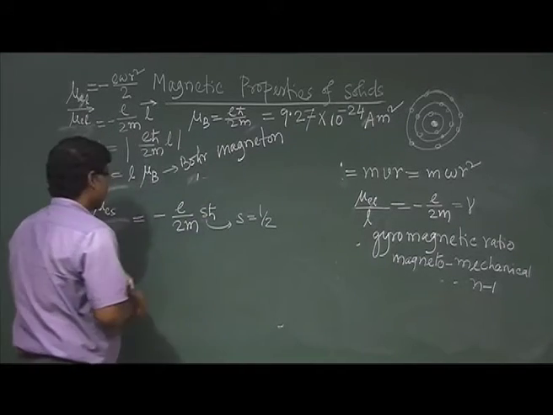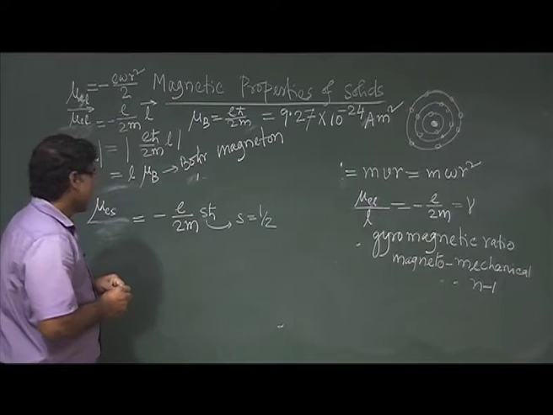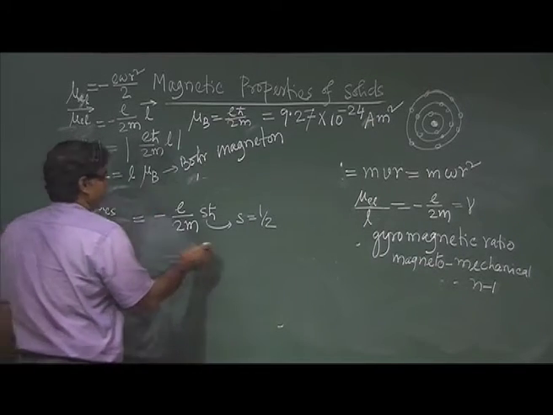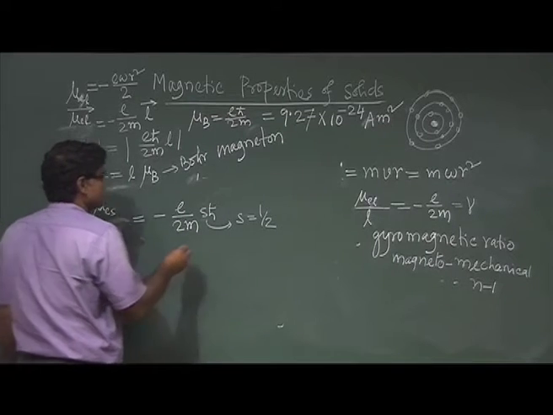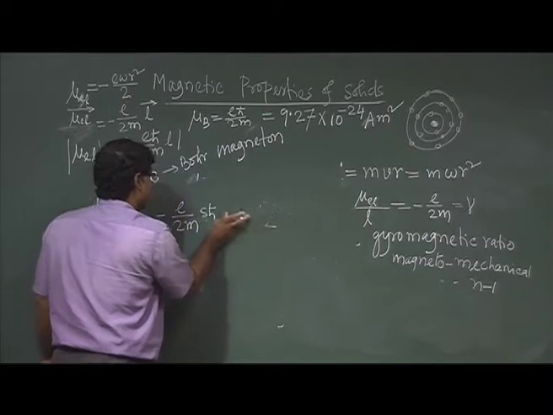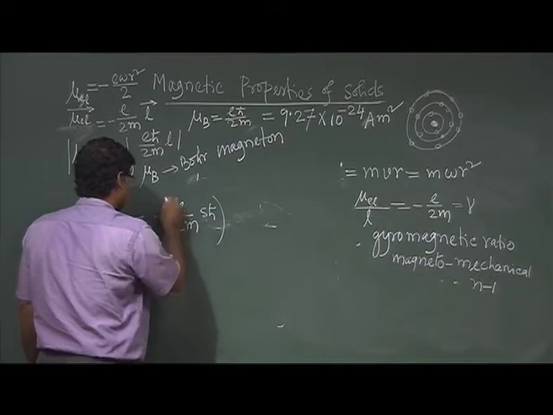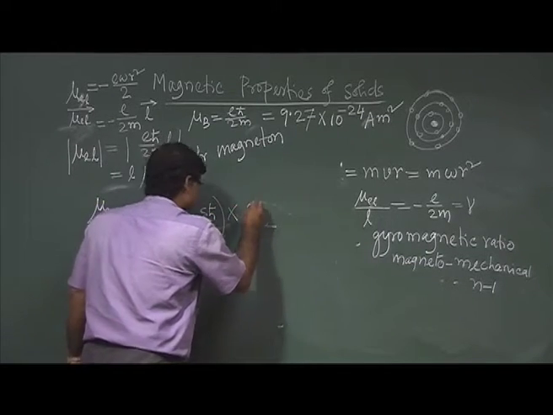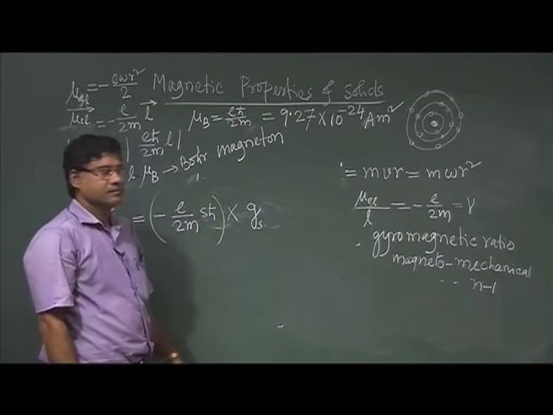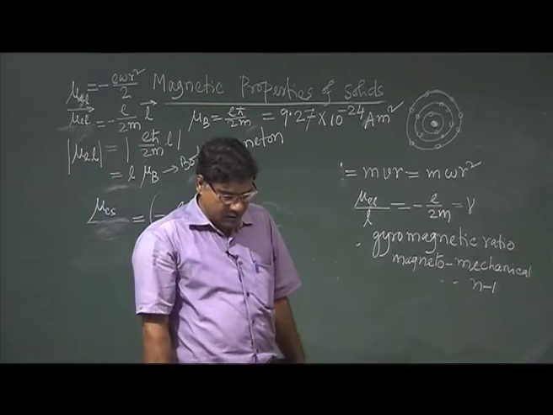So, here one factor is multiplied, that is g_s.